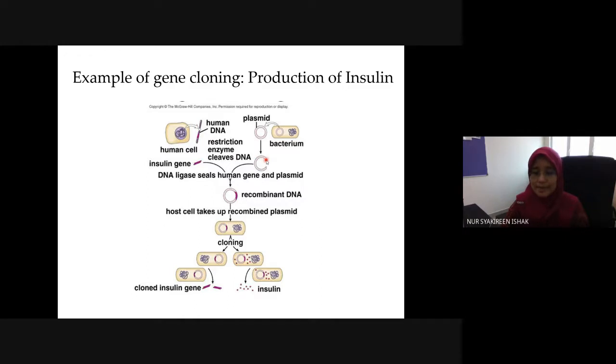So kalau bakteria yang ambil non-recombinant plasmid, awak kena screen lah. You have to screen, you have to select only bacteria that take up the recombinant plasmid only. So that is the function of the reporter gene, which is the Z gene. So I have explained this in my video that I did to explain exercise on chapter 2 question 1.